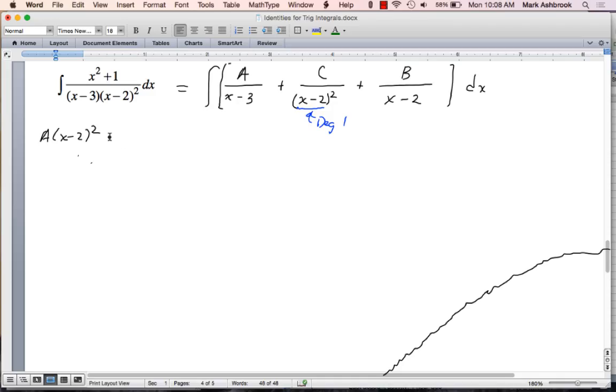So I'll have c times x minus 3. And then, finally, b over x minus 2, and I need to get this common denominator. So it's going to be b times, I need one more x minus 2, and I need the x minus 3. So it's going to be b times x minus 2 times x minus 3.